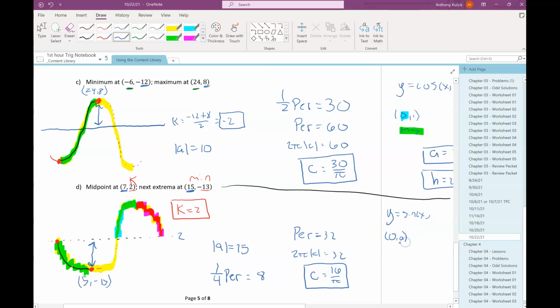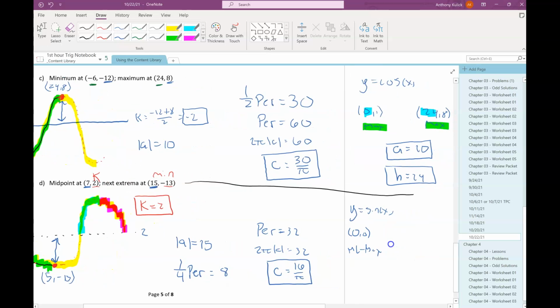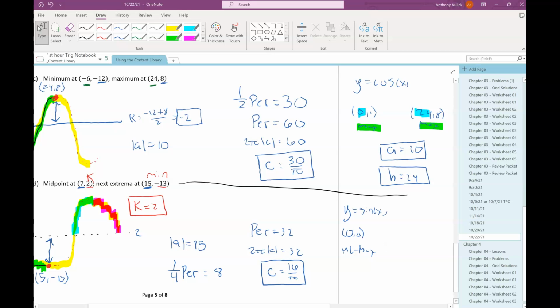So from sine, we're going to use the point (0, 0), which is a midline point that's followed by a maximum. Which point from our problem do we need to use?